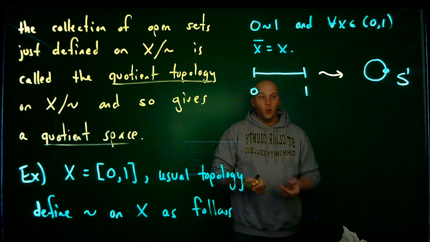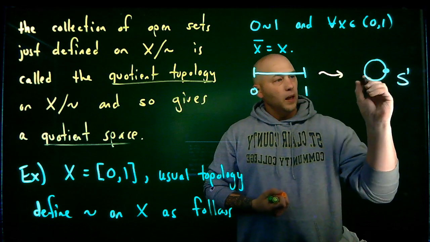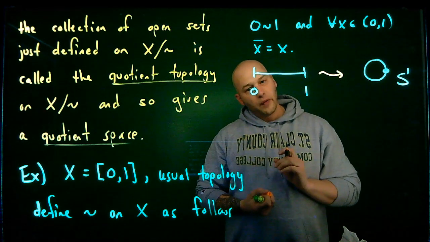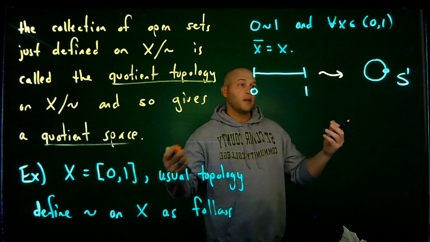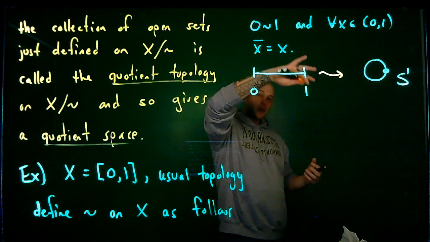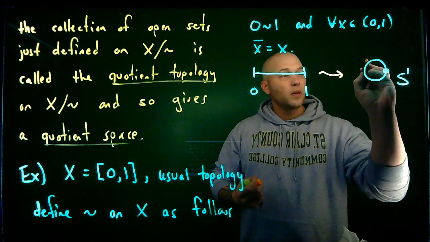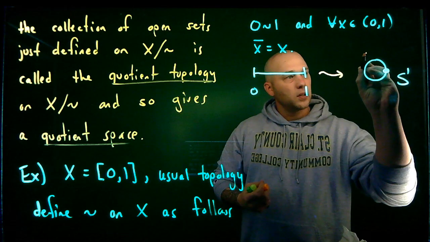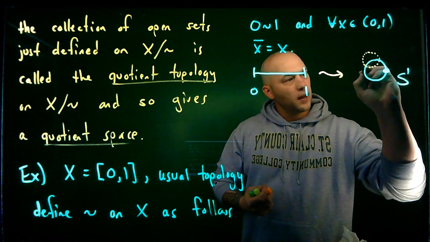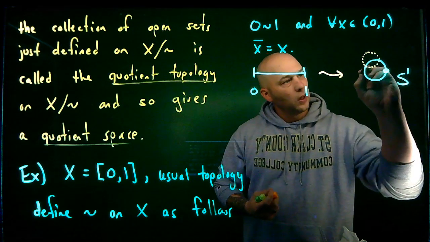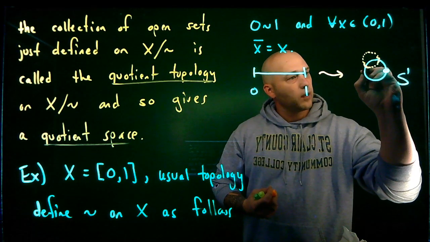Now let's look at what preimages of open sets look like. If the circle is a subspace of the xy plane with the usual topology, then an open set here would be the intersection of an open set, say an open disk, with the circle. So I could have an open disk in the plane that looks something like this, and therefore an open set in the subspace, which is the circle, would consist of not just those points on the circle but everything in between.